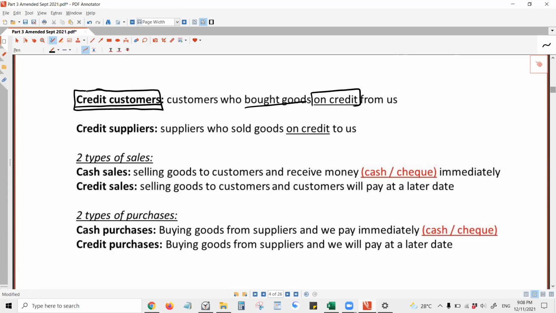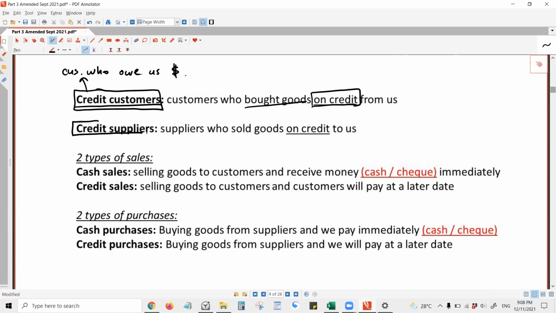You can also see credit customers as customers who owe us money. If a customer doesn't owe you money, you would not describe a customer as a credit customer. So you must understand this term. Credit customer means a customer who owes us money because they bought goods on credit.